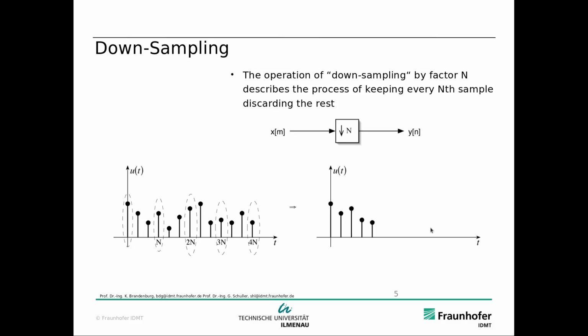So here you can see downsampling. Downsampling means we only keep every nth sample and just discard all the samples in between. Here in this example, it would be 3. So we keep every third sample, and that's now the new downsampled version. You can see here it's much shorter because all the samples in between are missing now.